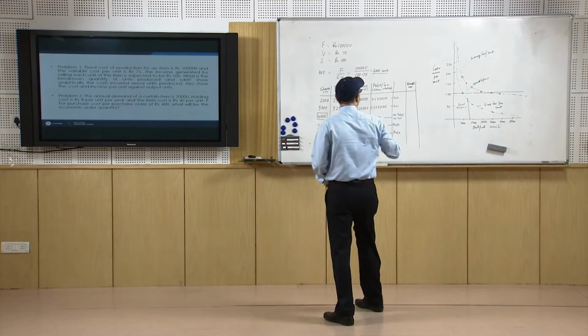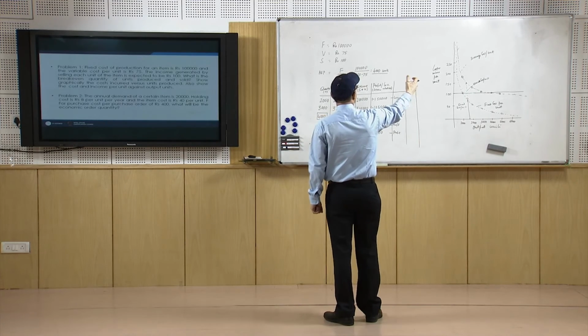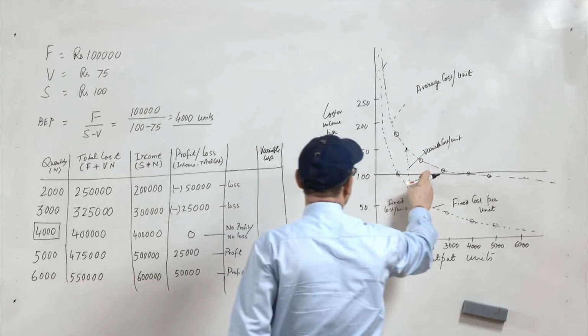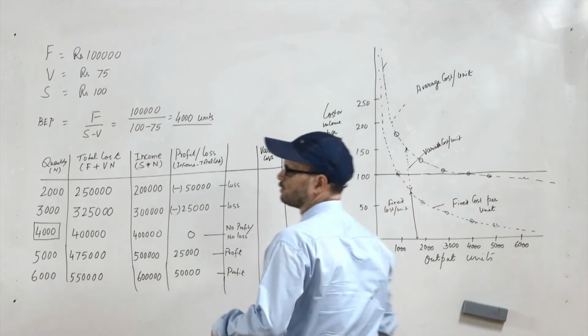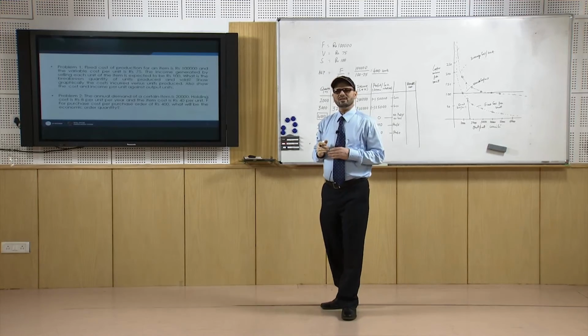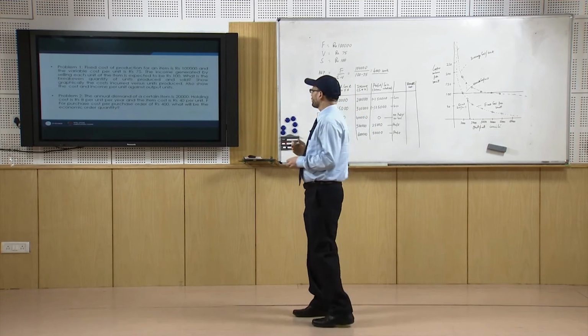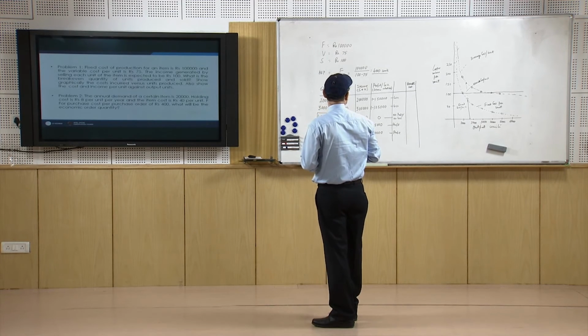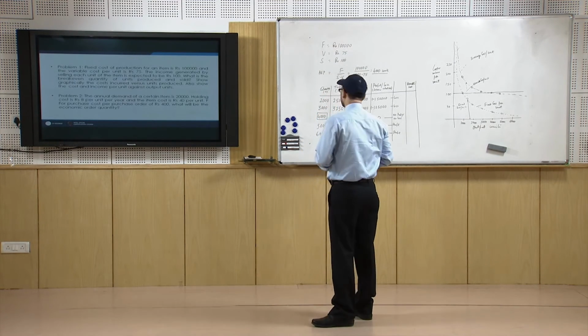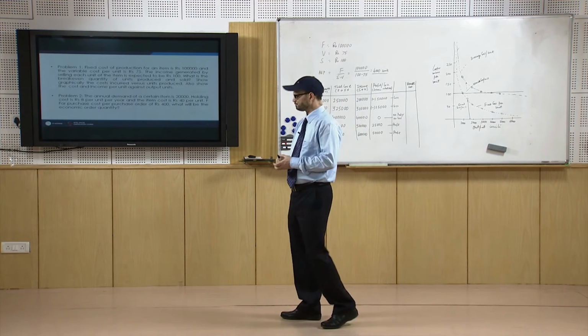So, that is how such problems can be solved. You can also locate the break even quantity, where there is no profit or no loss. Now, let us discuss the next question.